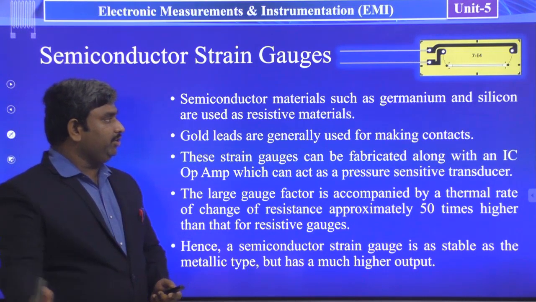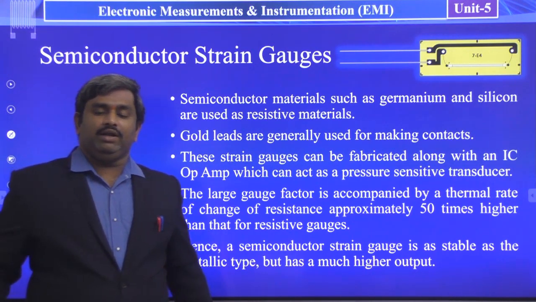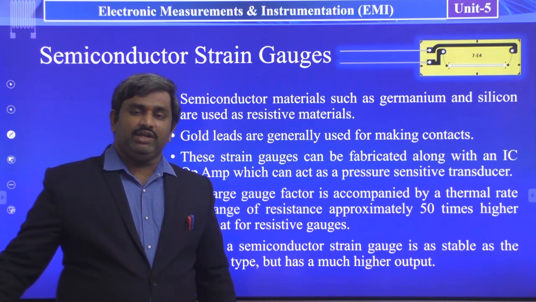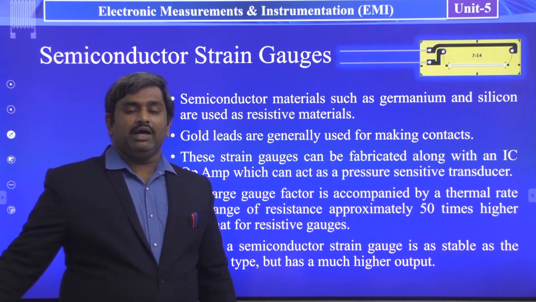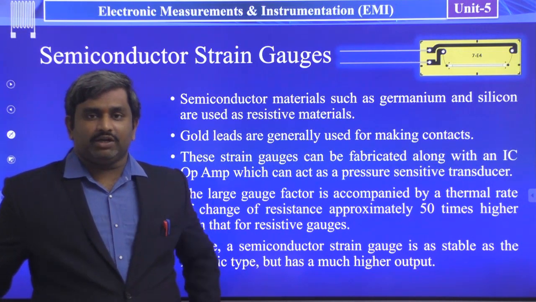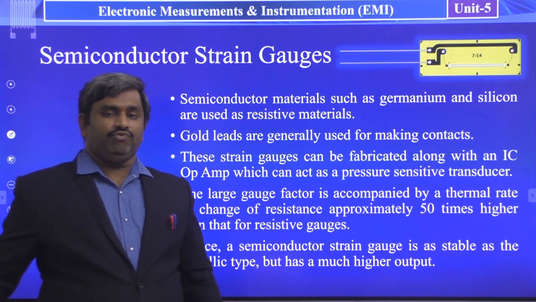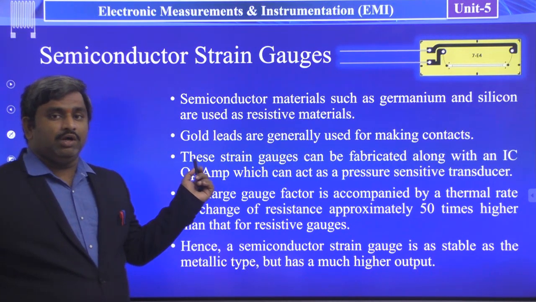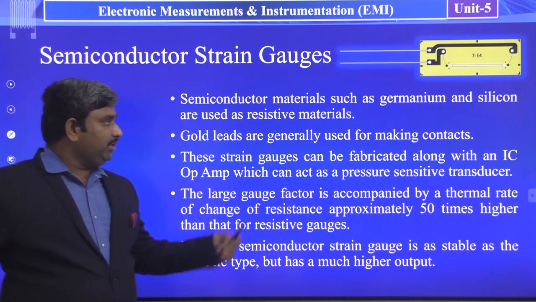Gold leads are generally used for making contacts. On the semiconductor material, the conducting wires are very important. They should transfer the resistance values formed on the semiconductor material without loss, and with very fast transfer of the voltage.